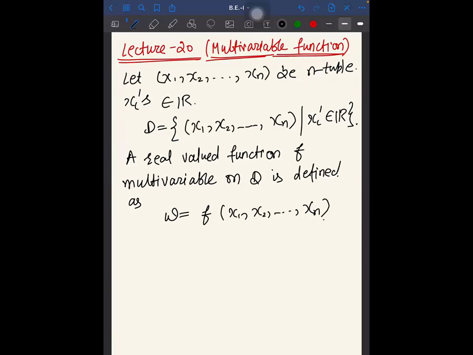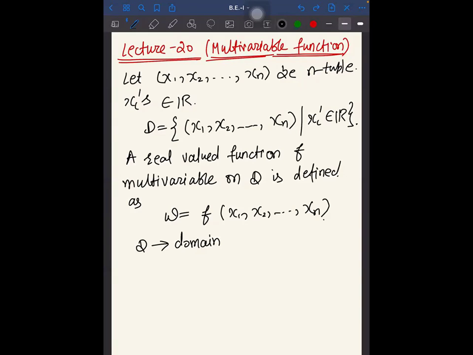Okay, so of course D is the domain and the values of f will be the range. Now generally in this course we'll restrict ourselves to the 2 variable function or largely 3 variable at the most. That's it. We are not actually dealing with more than 2 or 3 variables.